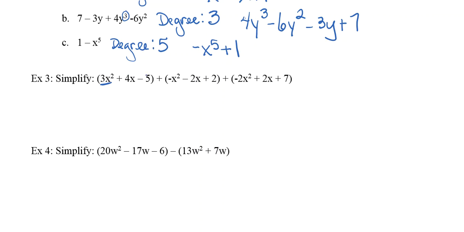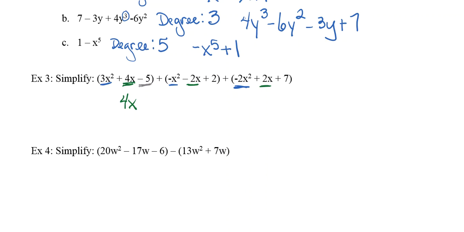So I have 3x squared, negative x squared, minus 2x squared. So 3 minus 1 is 2, 2 minus 2 is 0. So I have no x squareds left in this expression. Now I have a 4x, negative 2x, and a positive 2x. 4 minus 2 is 2, 2 plus 2 is 4, so I have 4 x's.